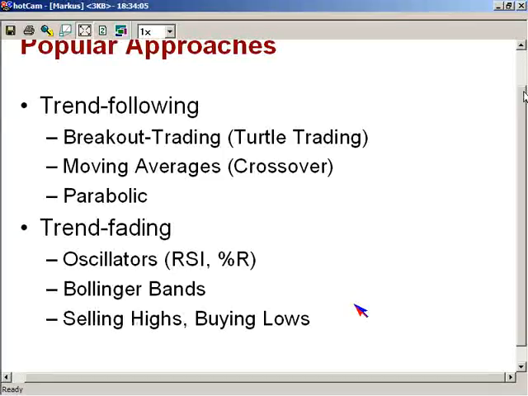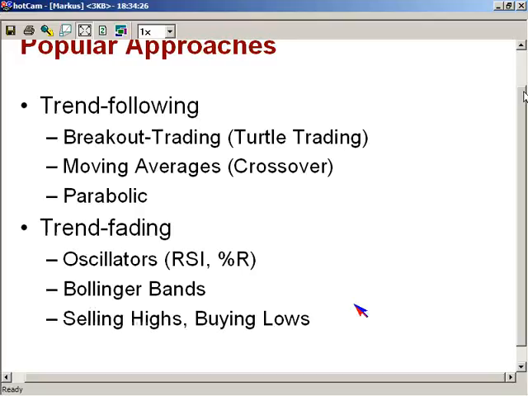What are trend fading approaches? Most of the oscillators, like RSI, %R, are trend fading approaches because these oscillators or indicators are usually measuring overbought or oversold situations. Bollinger Bands actually can be used as trend following or trend fading.